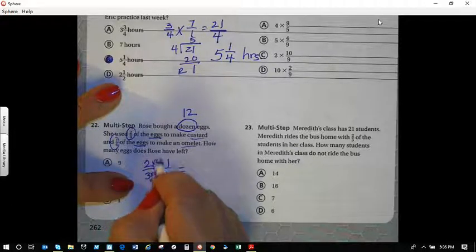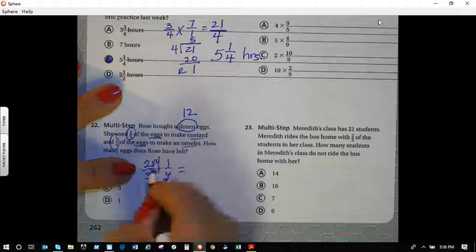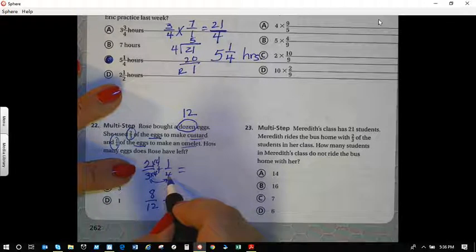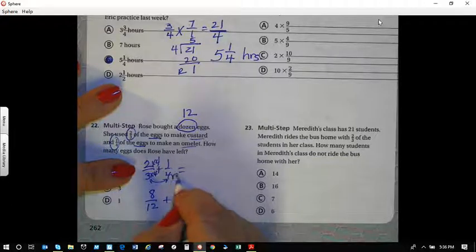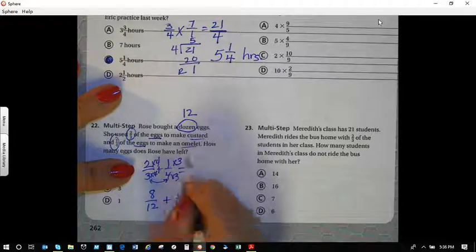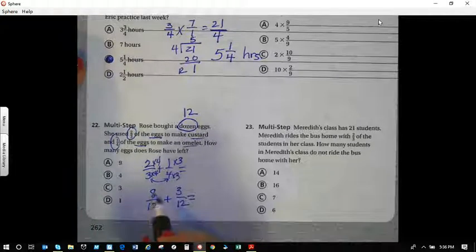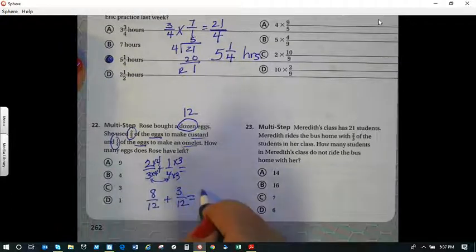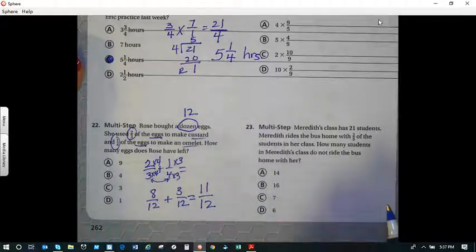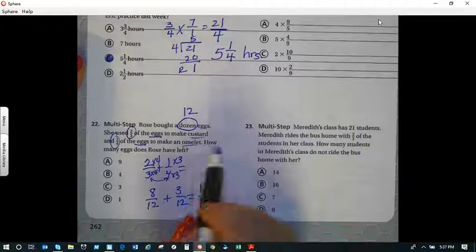Whatever I do to the bottom, I do to the top. 2 times 4 is 8. Plus 4 times 3, because I needed to get to 12. 4 to 12, I multiplied by 3. Do the same thing to the top. 1 times 3 is 3. So I have 8 plus 3, 11 twelfths.